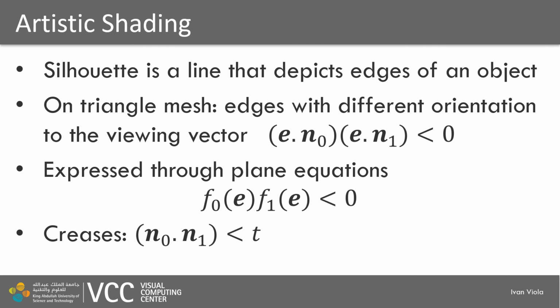But this is not the only goal. Sometimes shading models also evaluate or try to mimic a different type of shading or illumination, such as, for example, artistic depiction. So they are trying to simulate how a 3D scene will look if it is rendered by an artist on the canvas.